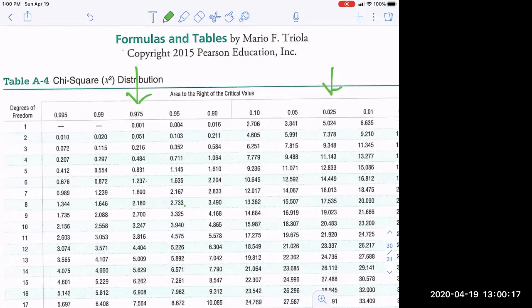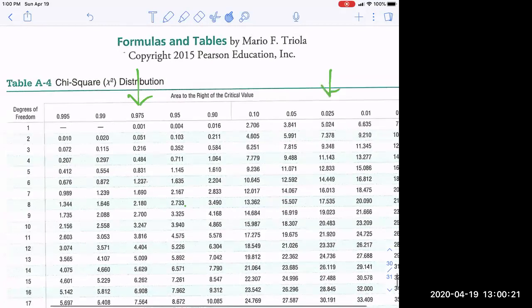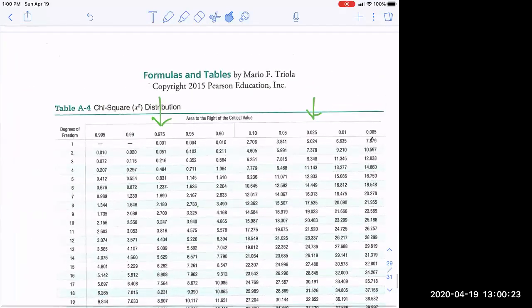Notice that those add up to 1. Another thing you may notice is that these two are linked together, these two are linked together, and so on. So there's a little bit of symmetry going on here.